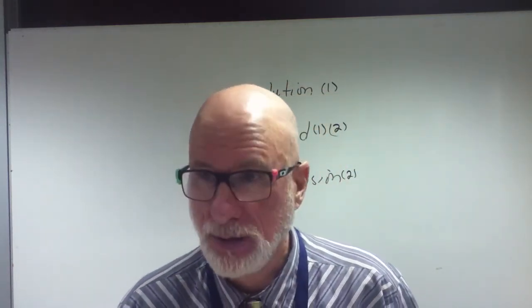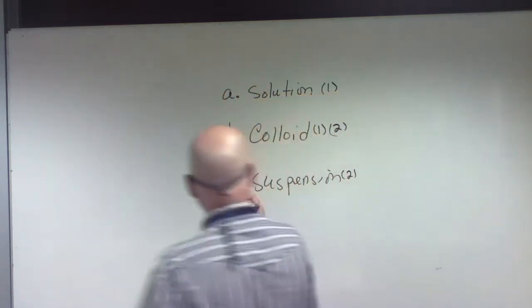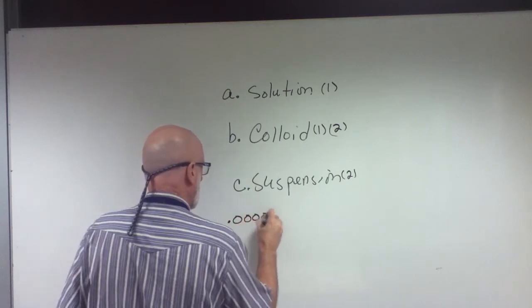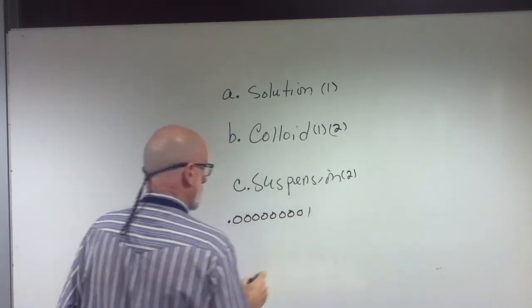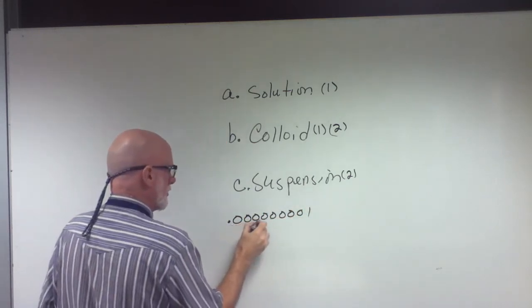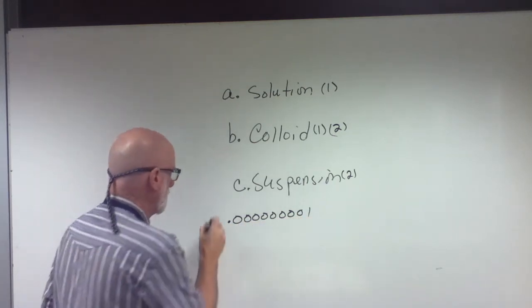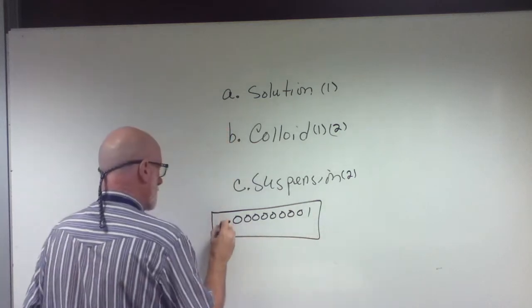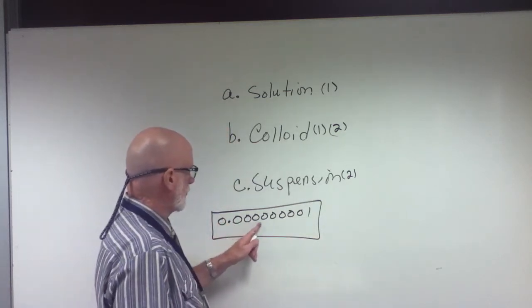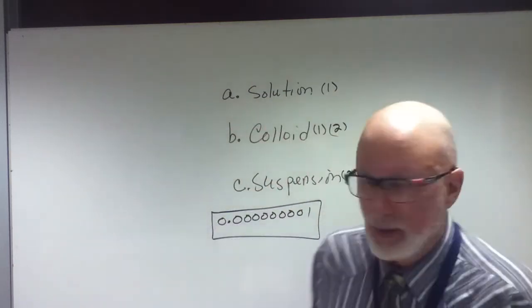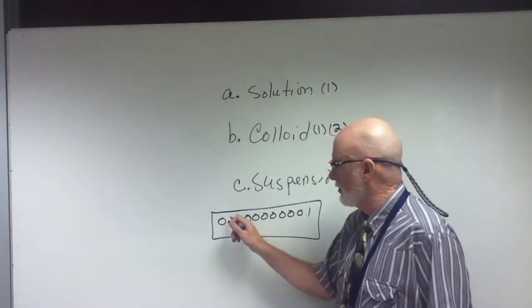A billionth would be 1 with 8 zeros, because it's going to go negative 9.